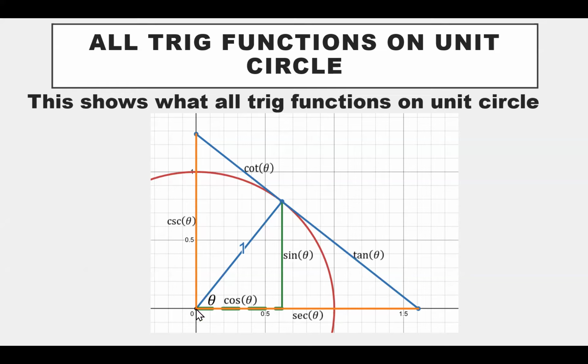The length from the origin to this point on the y-axis is cosecant. Tangent is going to be the length from the point on the unit circle to the x-axis along this perpendicular line. And then cotangent is going to be the length from that point up to the y-axis. So that's what all 6 trig functions look like on the unit circle as lengths.